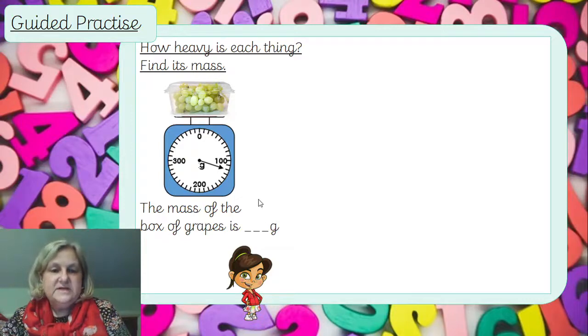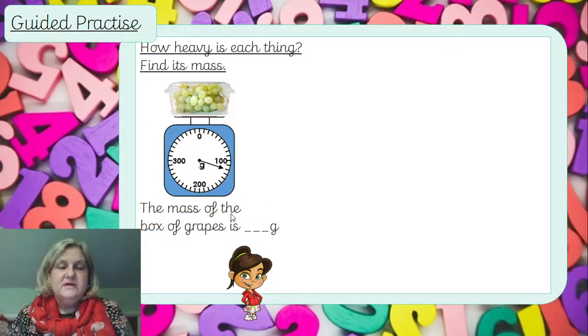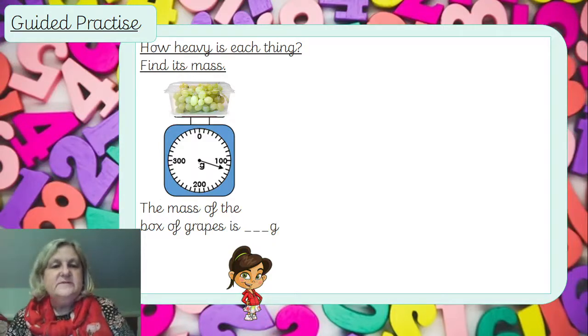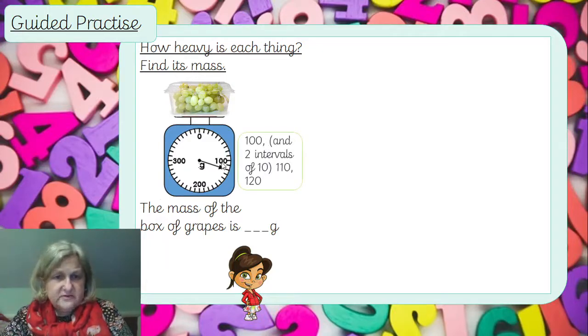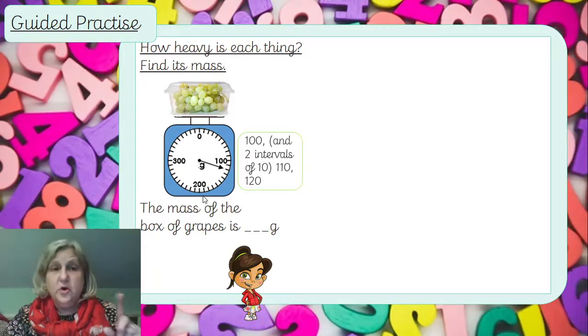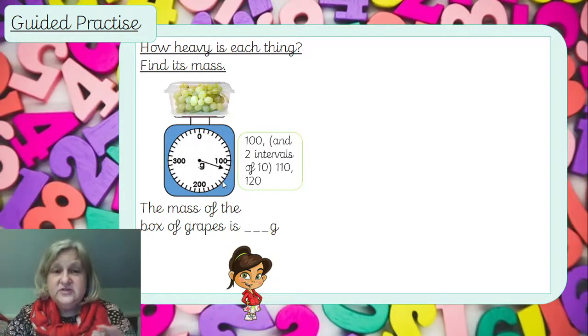Find its mass, and we know that the mass is equivalent, in basic terms, to how much it weighs. The mass of the box of grapes is, well, we're starting at 100 here, and we know that these intervals today are worth 10. They're not always, and they will change this week, but we're just getting ourselves used to a nice simple way of getting this started.